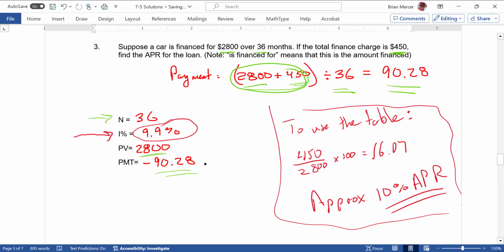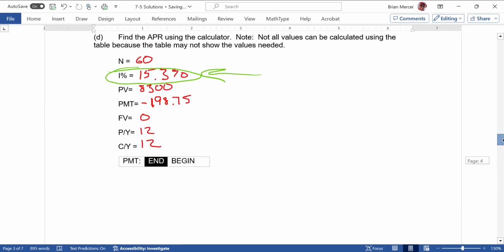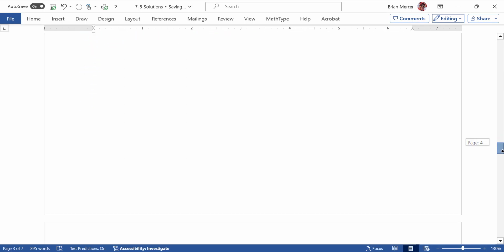And again, I left off some of those other pieces, but they're the obvious ones. 0, 12, and 12 is all that I left off, just to show you what I'm talking about. I just showed you those first four, and future value is 0, payments per year is 12, compoundings per year is 12. So if we ever shortcut that, that's what we're talking about.